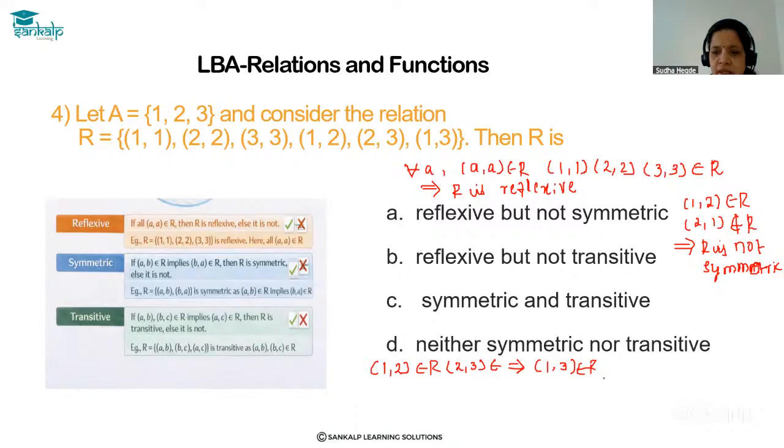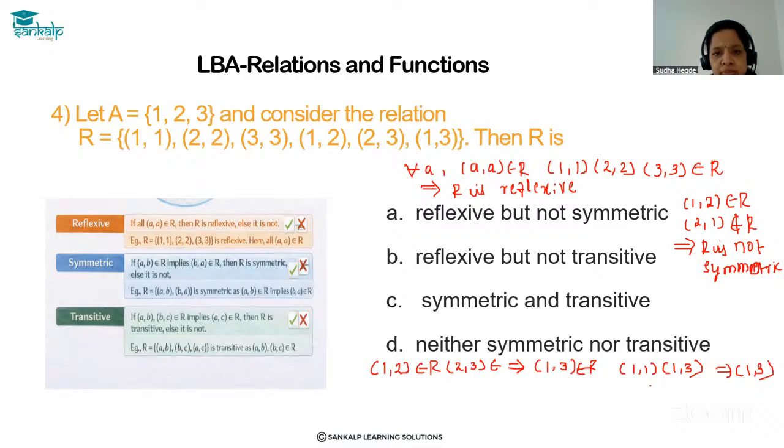Let us search such pairs. So (1, 1), (1, 3). These two belong to R. That implies (1, 3) is also there in R. So it is transitive with respect to these two pairs also.